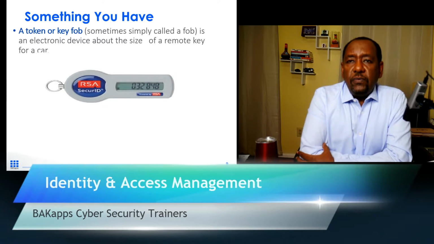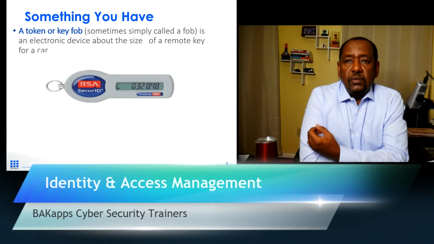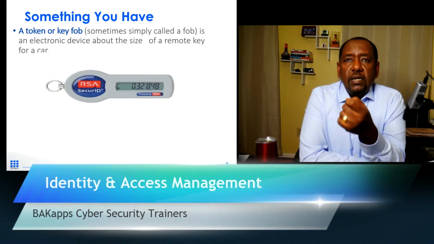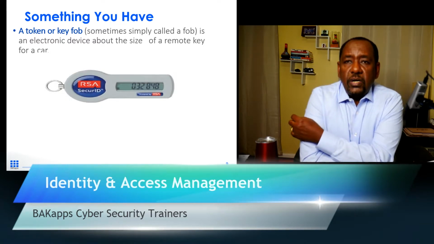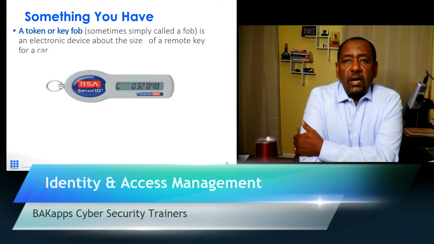That number changes every few seconds. It synchronizes with the resource you are trying to authenticate. So unless the number on your token, or sometimes they call it a key fob, matches the number on the resource you are trying to authenticate, it doesn't let you in.